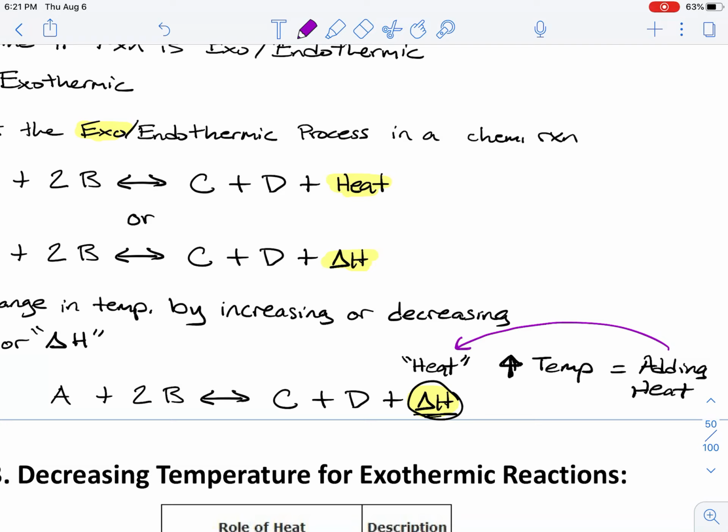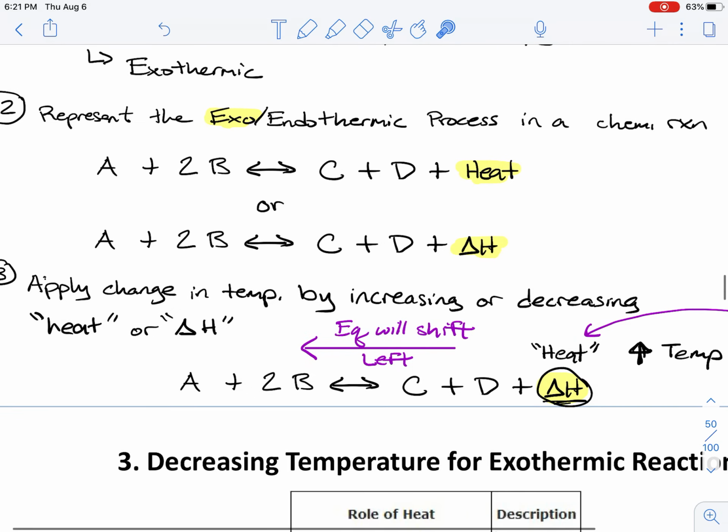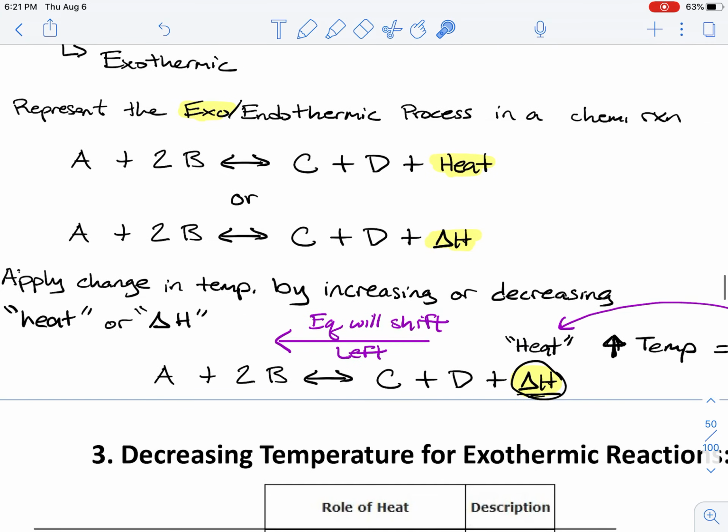So here we're going to add heat, therefore Le Chatelier's principle tells us that the equilibrium will shift to the left. So what is this telling us? This is telling us that for equilibrium to be restored, we need to consume the amount of heat added.